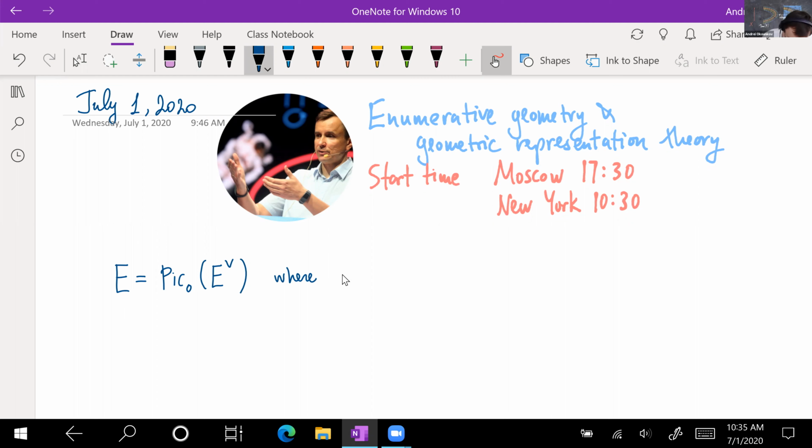This is for uniformity, where E check could be a smooth elliptic curve, or could be a nodal curve. A nodal curve could also have many components, or can have a cusp.